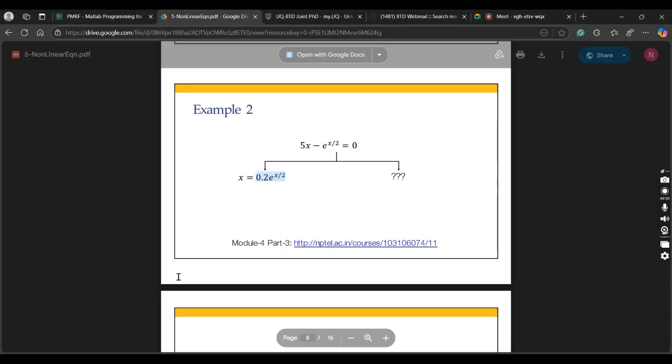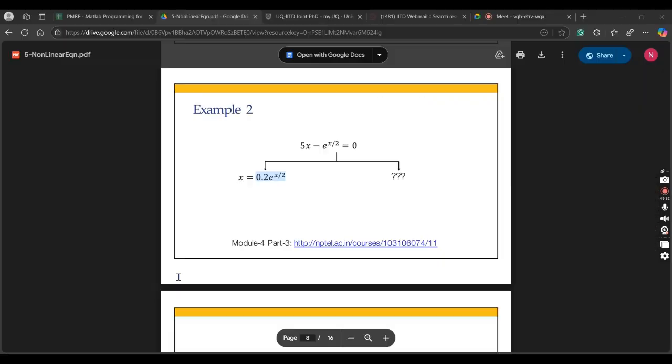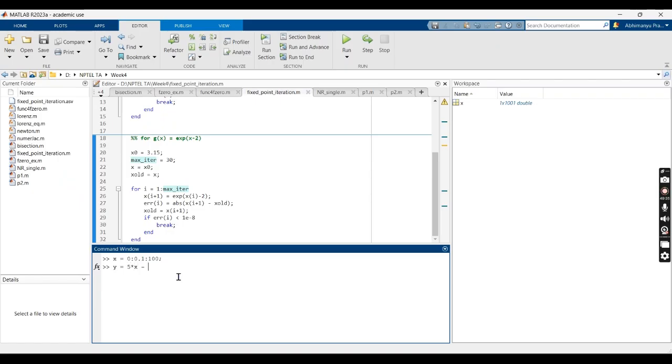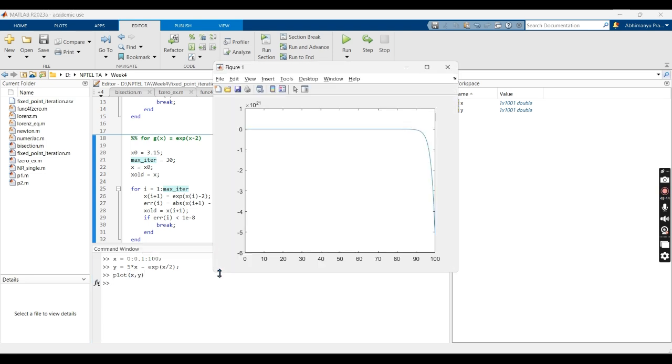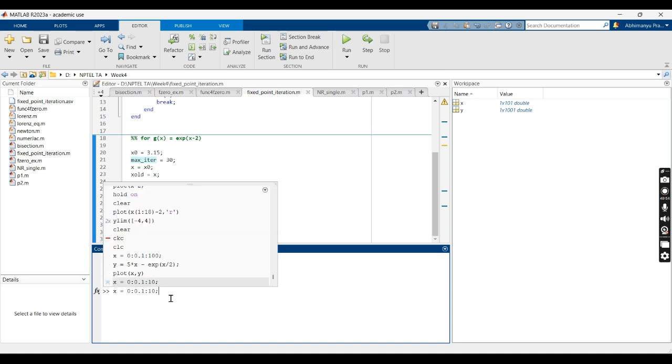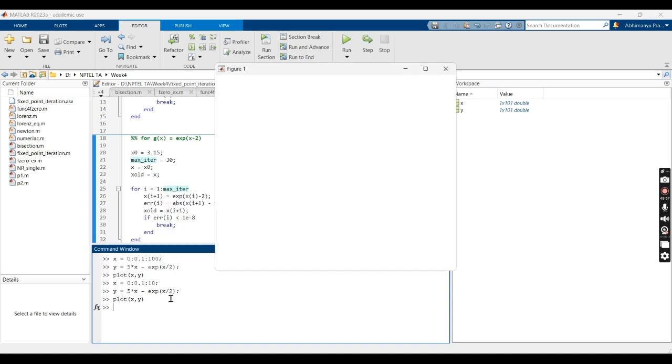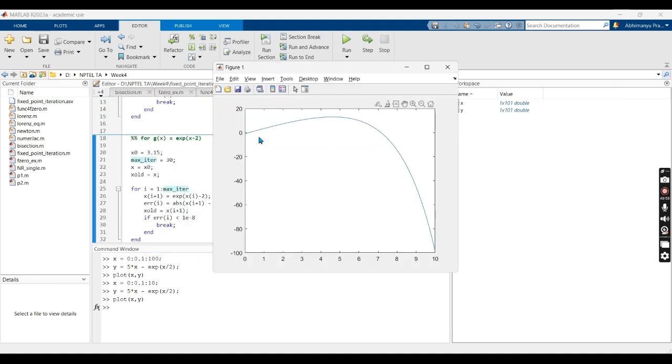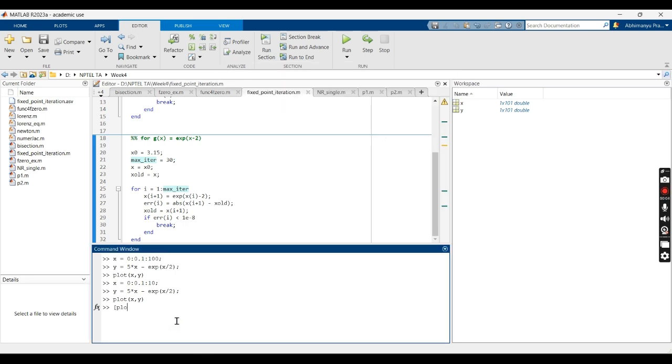Just plot it 100. My y would be 5 times x minus exp of x divided by 2, log x. Yeah, so it's a diverging function. I will also plot the x-axis.